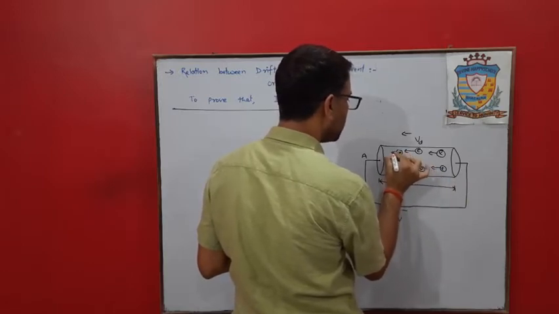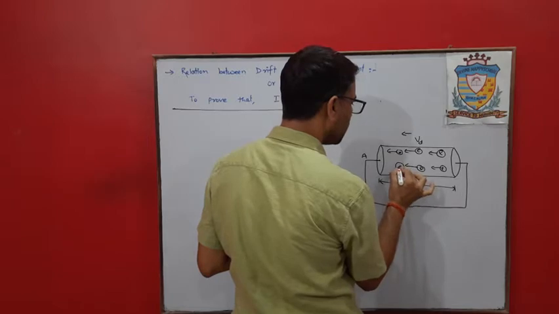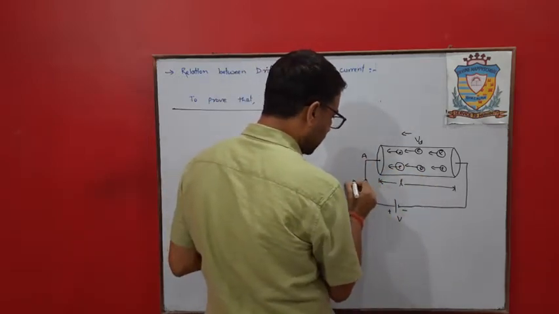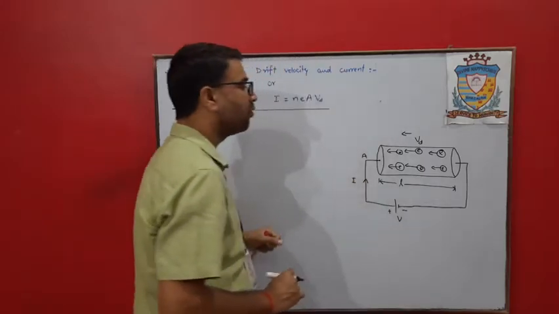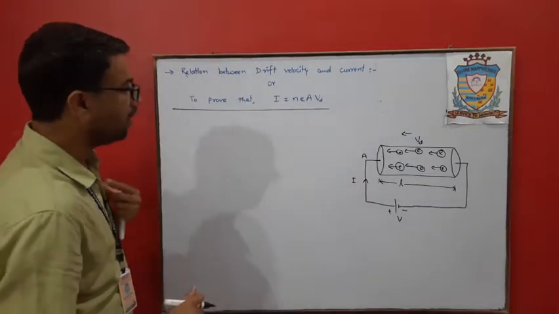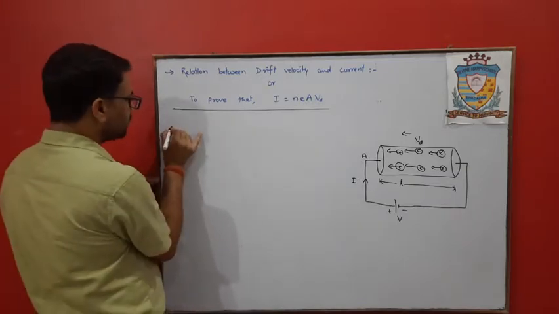Now let, after applying the potential V, I be the amount of current flowing through this conductor. Clear?